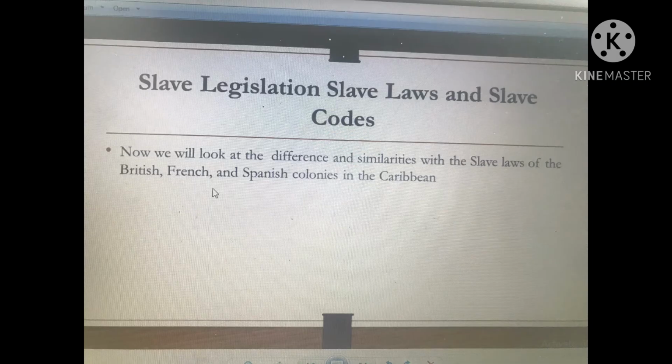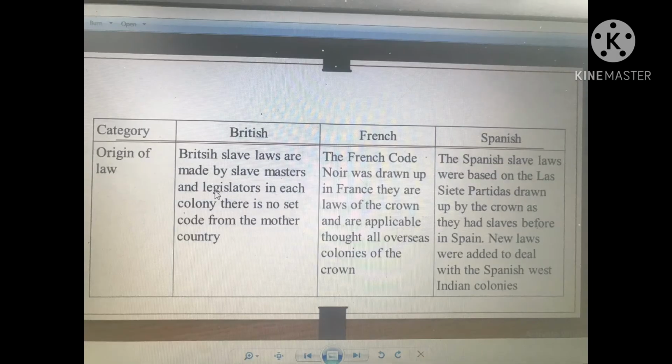First, let us look at the origin of the law, starting with the Spanish. The Spanish slave law was based on the Las Siete Partidas drawn up by the crown, as they had slaves in Spain before. New laws were added to deal with the Spanish West Indian colonies, and these laws were applied over all overseas colonies.